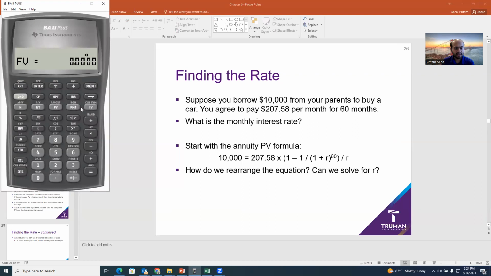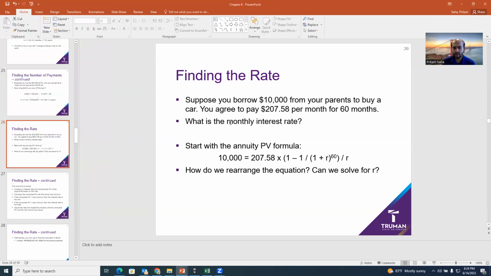Future value 0, compute the rate: 0.7499. So 0.7499 is basically your monthly interest rate. Make sense? That's your monthly interest rate.